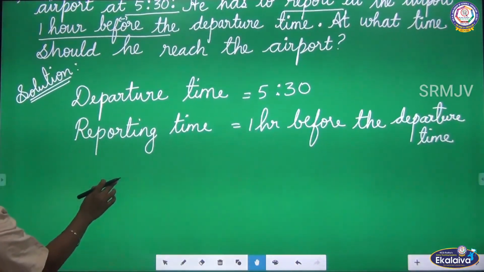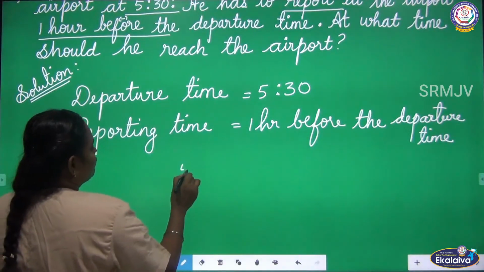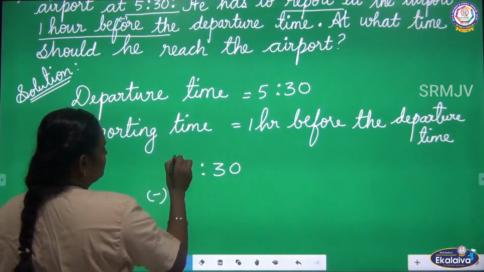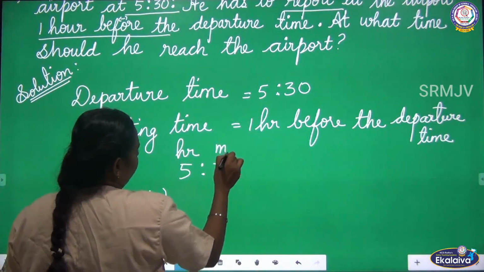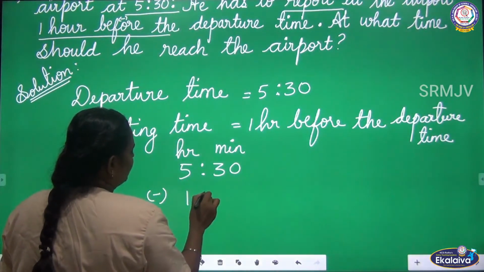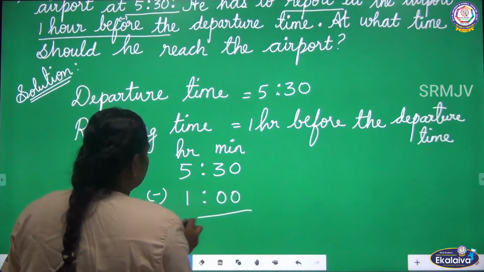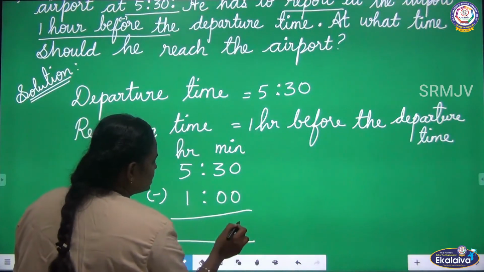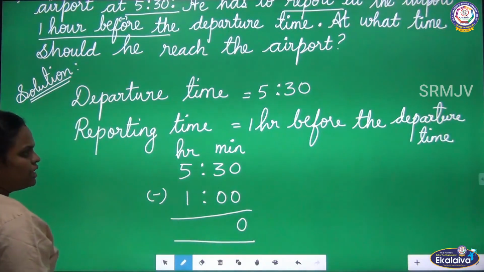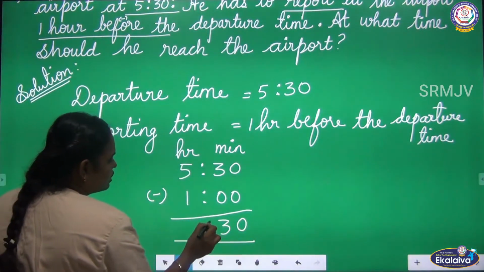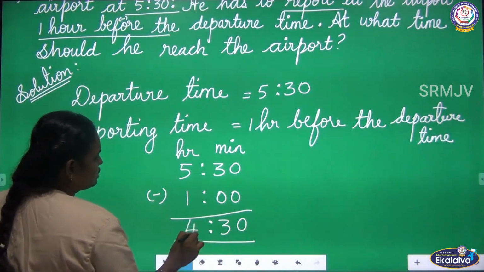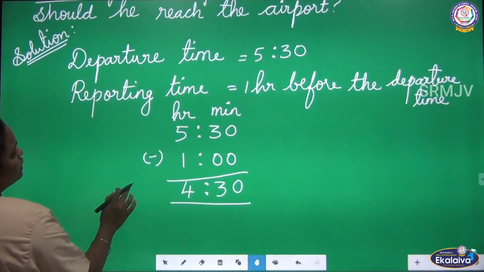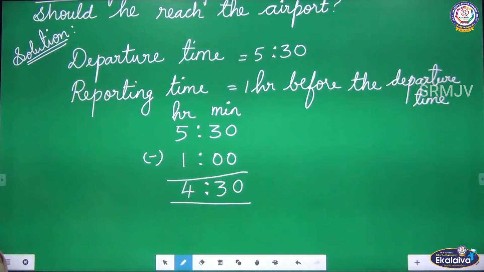So what we are going to do? We are going to subtract 5 hours 30 minutes minus 1 hour, because before 1 hour means we have to subtract. So 0 minus 0 is 0. Next 3 minus 0 is 3. Next 5 minus 1 is 4. So now you tell me, at what time should Sarma reach the airport?